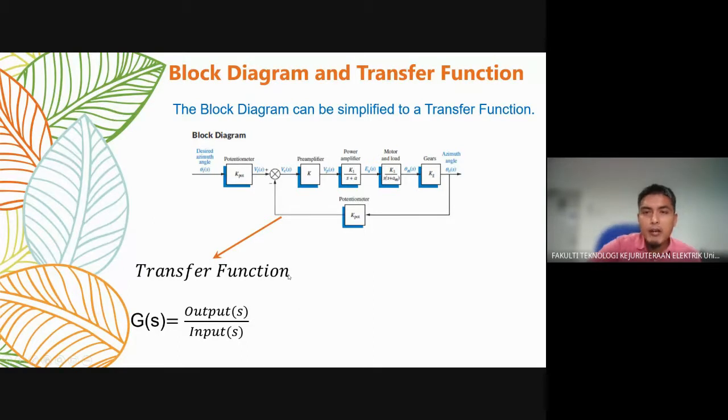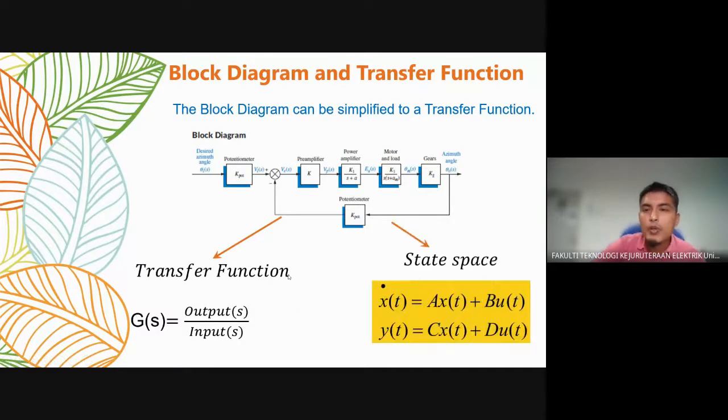For this semester, you will convert the system into state space form. This is the general equation for the state space: x dot equals Ax(t) plus Bu(t), and y(t) equals Cx(t) plus Du(t).